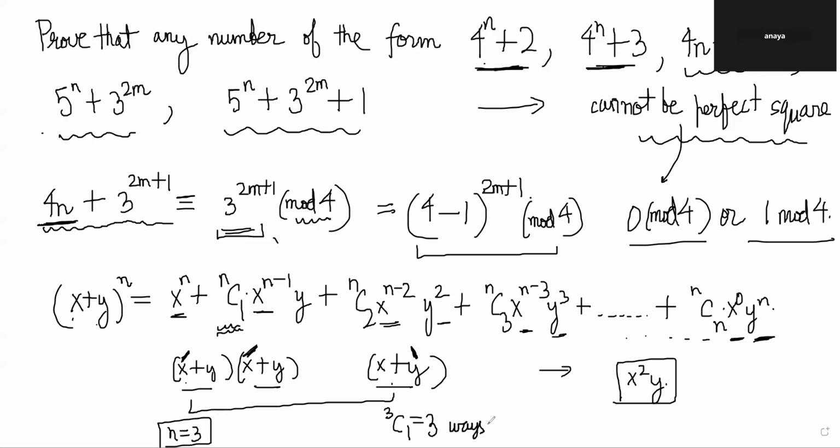You could have selected one y from the third bracket, or from the second bracket, or from the first bracket. The remaining two will be x's. Basically, multiply x into x and take y from here, that gives one x square y. You will also get an x square y if you take x into x from here and y from here. So there will be three such x square y terms.